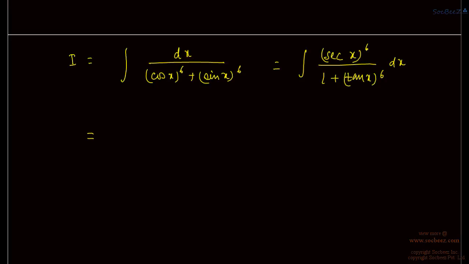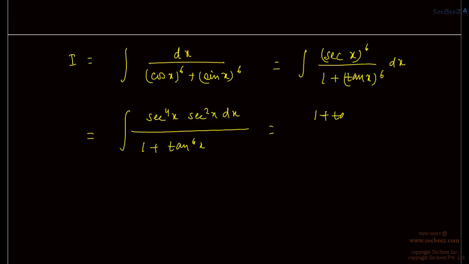Sec to the power 6 x can be written as sec to the power 4 x into sec square x dx, right? And here it is 1 plus tan to the power 6 x. Then sec to the power 4 x can also be rewritten as sec square x whole square, that is 1 plus tan square x whole square, into sec square x dx upon 1 plus tan to the power 6 x, right?